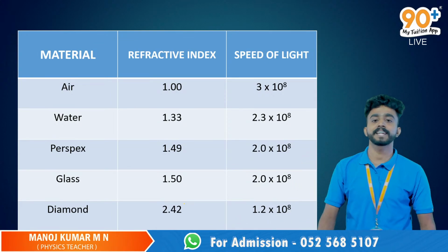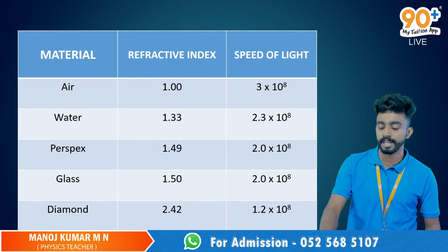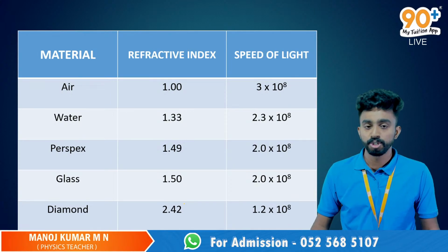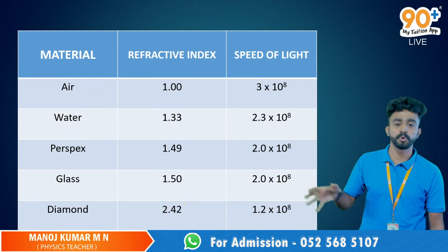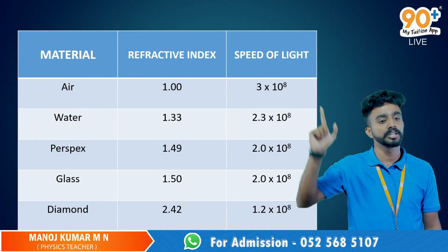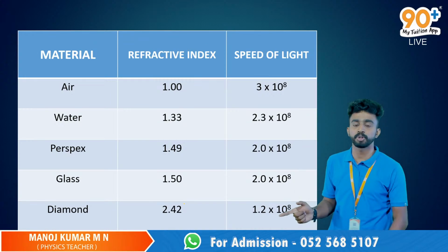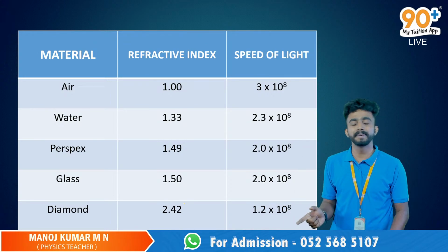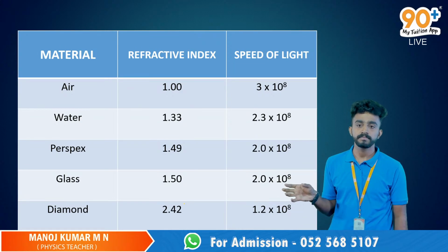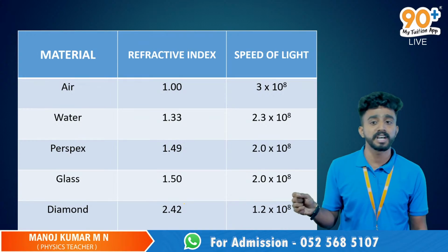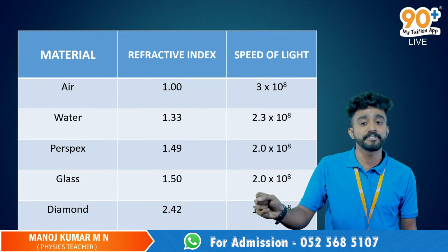So regarding refractive index, we will learn about it so that we will have a better clarity of it. So that is the only thing which you have to remember with respect to the table given over here. Don't try to memorize the values. Such values required for your exams or numericals, you will be getting in the question itself.